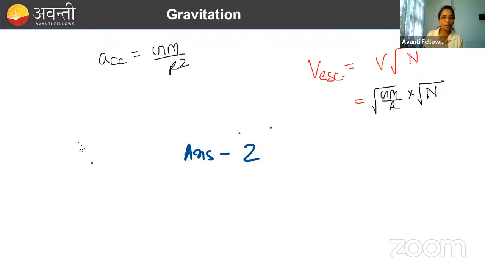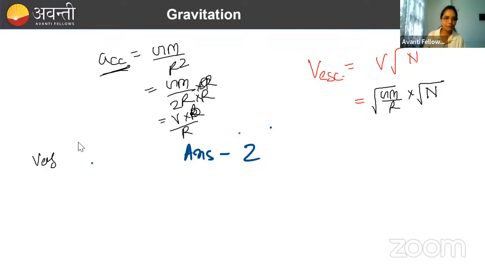GM by R स्क्वायर होगा. ठीक है. सो यहाँ पे GM by R क्या हो जाएगा? वेलोसिटी का स्क्वायर हो जाएगा ना. एंड दिस इनटू R होगा, यहाँ पे GM by R स्क्वायर होगा, एक्सेलरेशन ड्यू टू ग्रेविटी एट द सरफेस. सो GM by R स्क्वायर, GM by R इंटू R, यहाँ पे R लिखना होगा, सॉरी. सो दैट इज v स्क्वायर बाई R.